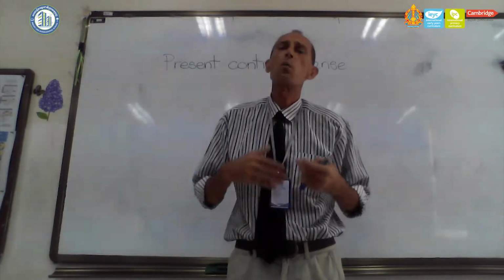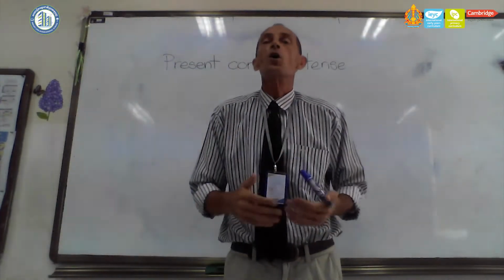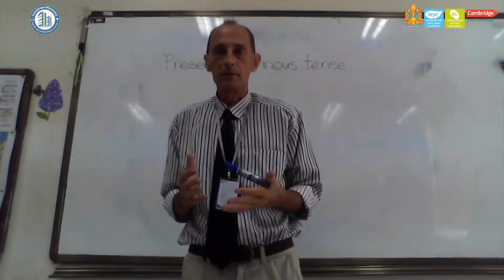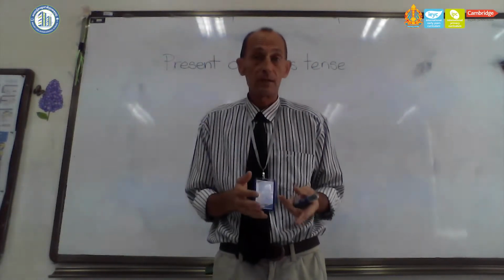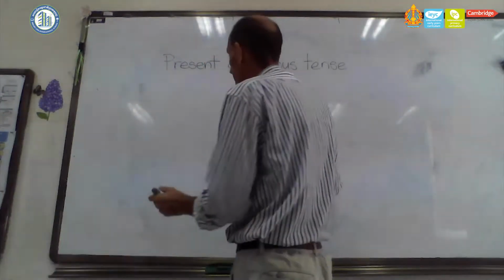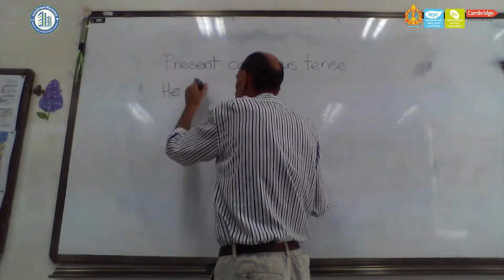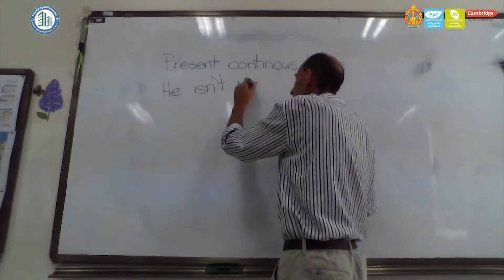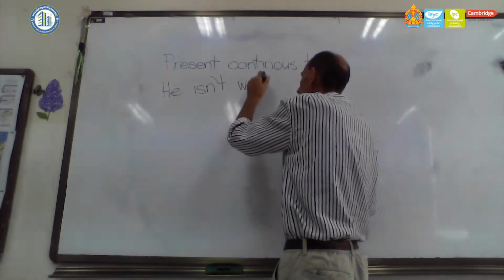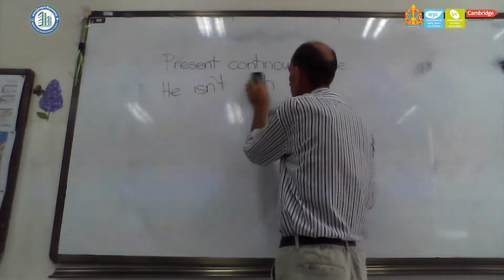So when we're writing a negative present continuous sentence, we use the word not. So for example, he's not watching TV, so we would write it like this. He isn't watching. Here's our action verb, watch.